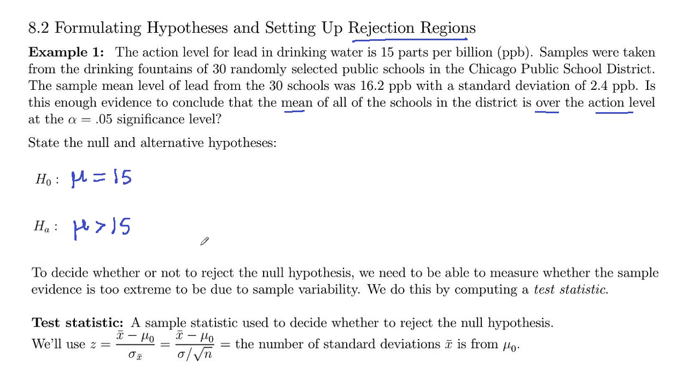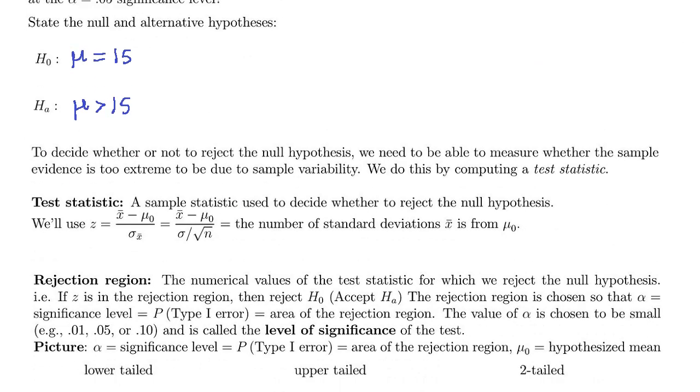So to decide whether or not to reject this null hypothesis, we're going to measure that by forming a test statistic. The test statistic is really the z-score of the sample data. You've got your sample statistic, that's the information you get from drawing your sample. And what you do is compute the z-score of that sample statistic: the mean for your sample minus the mean that you hypothesized, for us that's 15, and then divide by the standard deviation of the X-bar distribution, the sampling distribution.